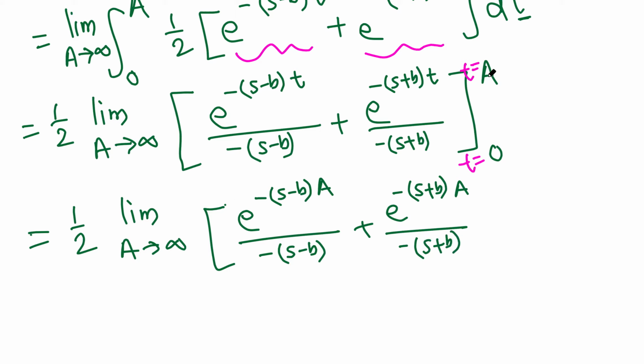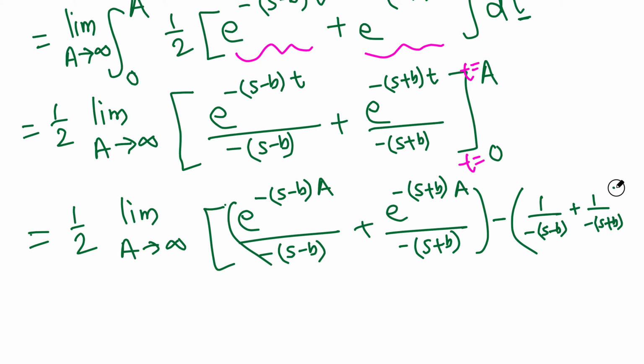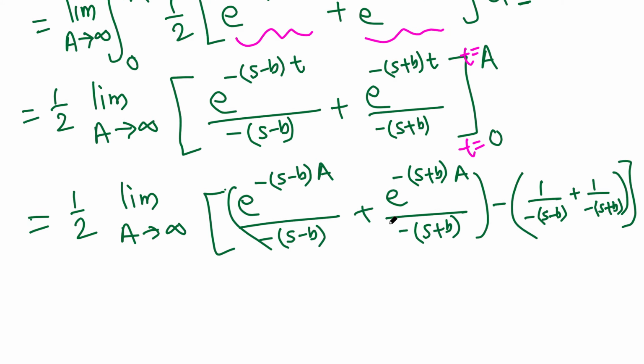That is when we plug in the upper limit a. Then subtract the lower limit, t equals 0. That makes the exponent 0, and e raised to 0 is 1, so we get 1 over negative s minus b, and the same for the second term, 1 over negative s plus b.